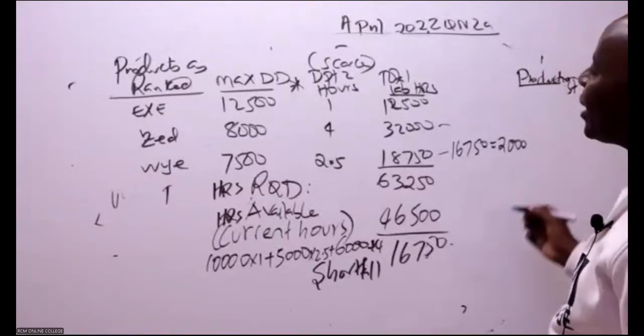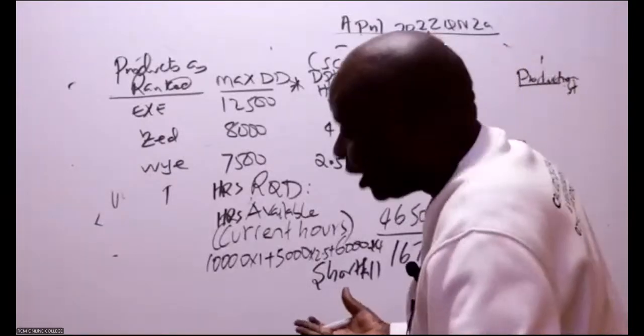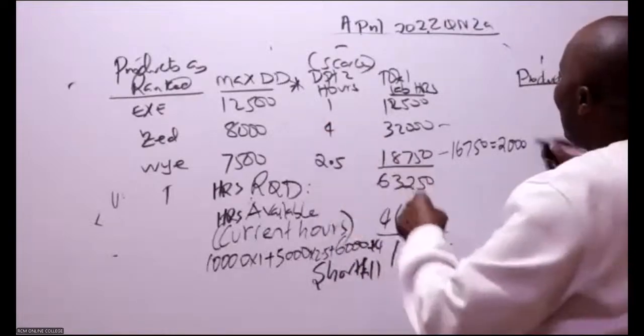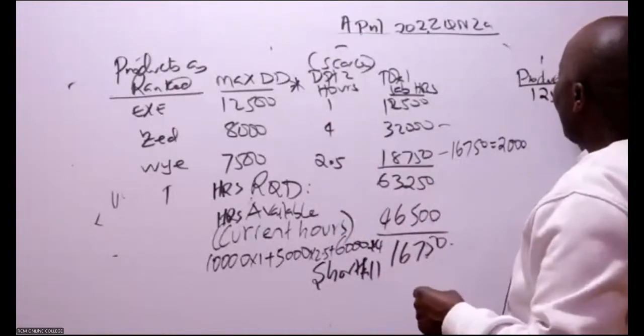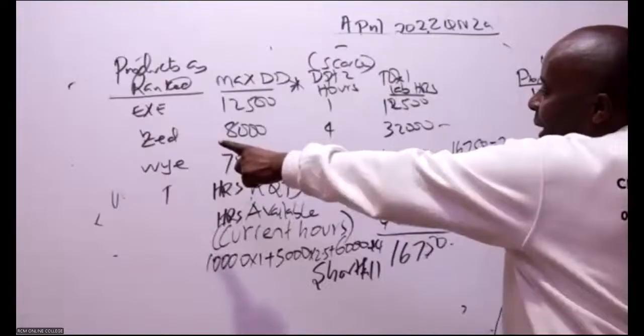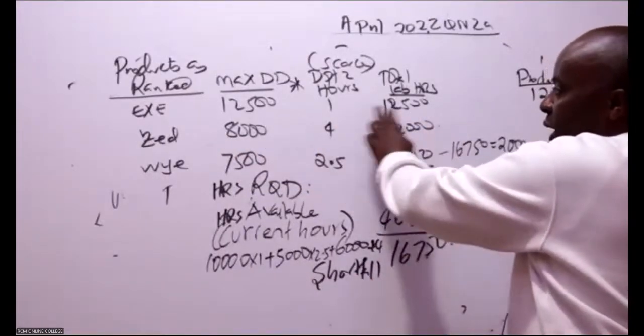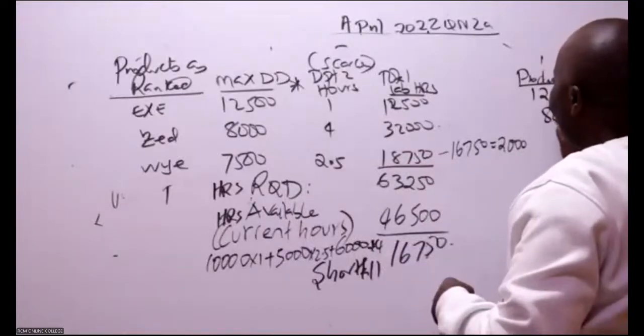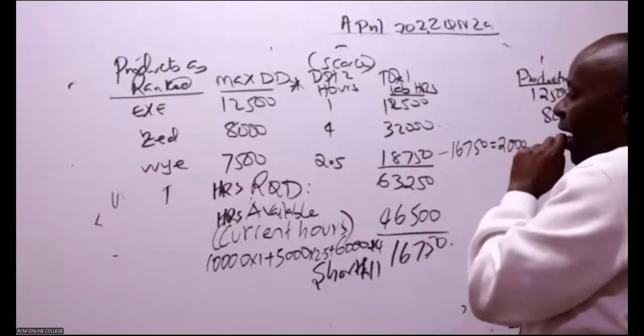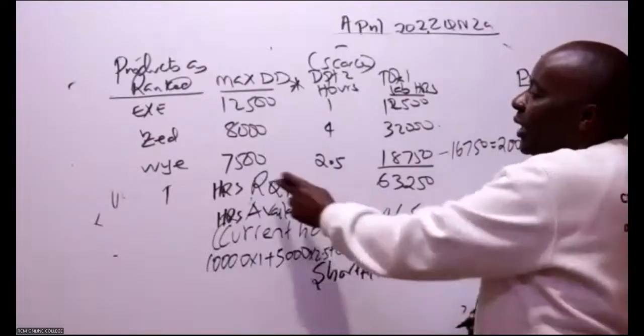For X, I'm not going to reduce anything, so I'll produce 12,500. While for Z, again, I'm not deducting anything, so here I'll produce everything, 8,000. But now here, I can't produce 7,500.